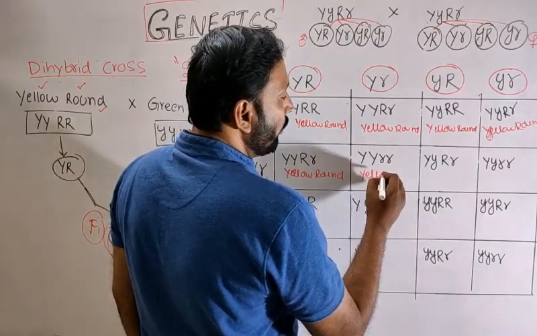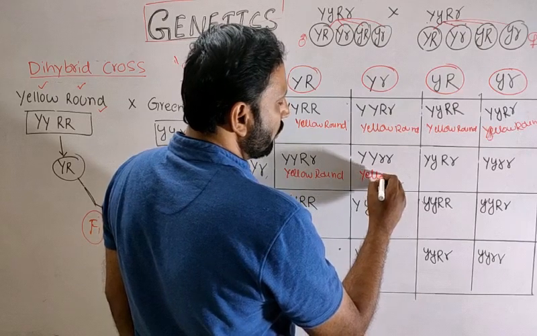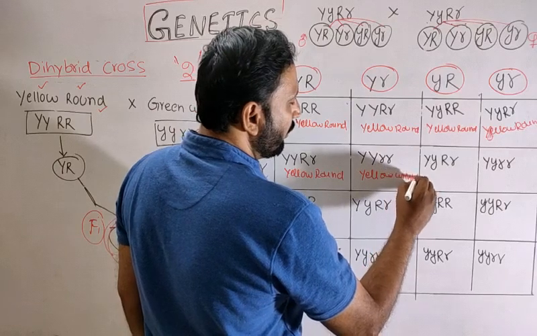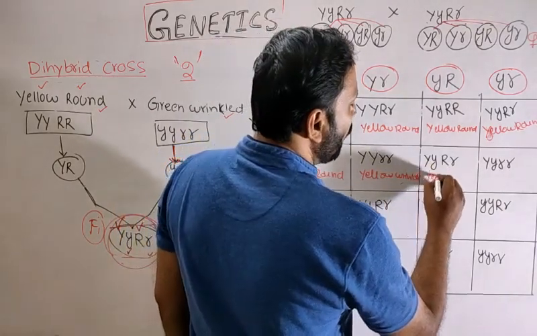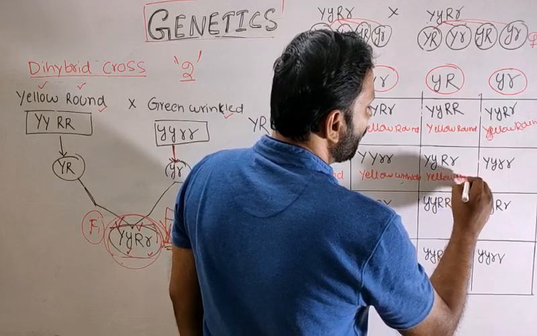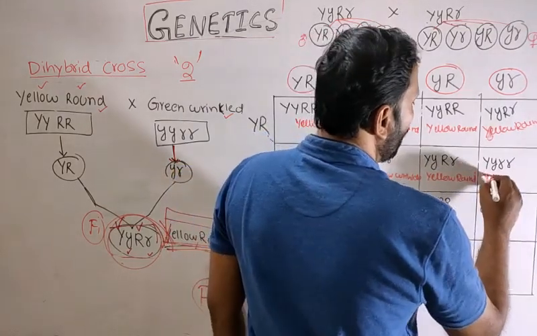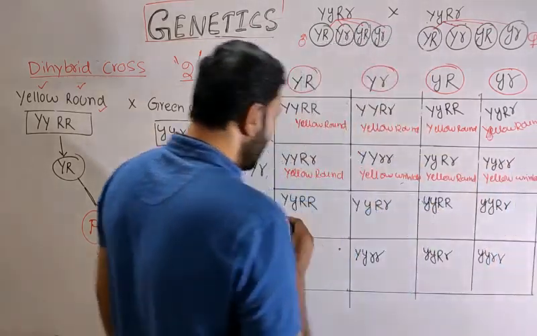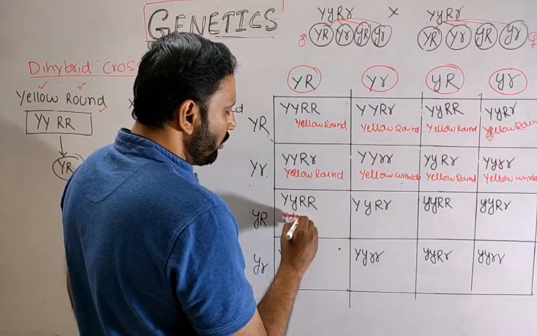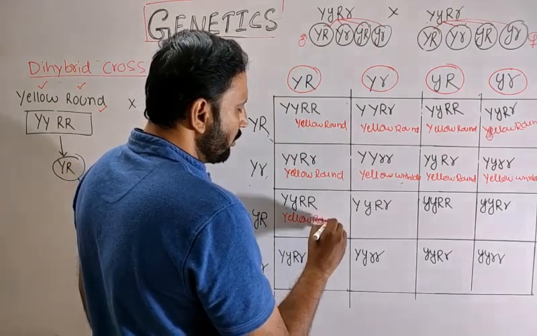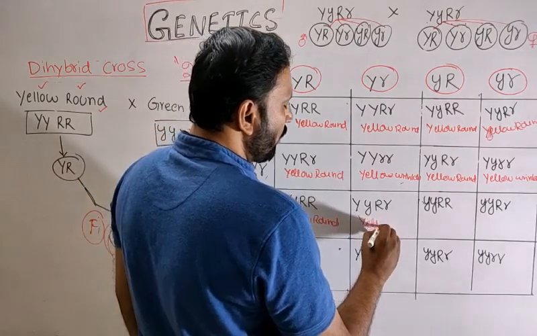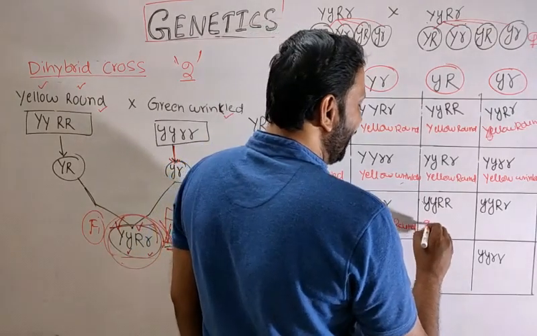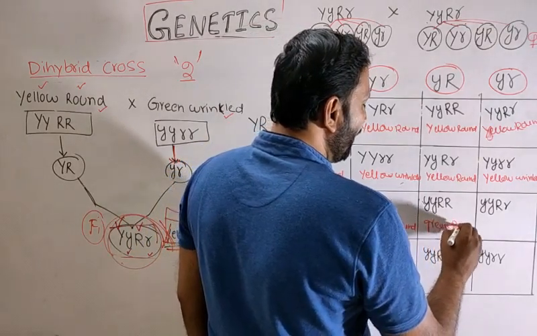Here yellow wrinkled, yellow round, yellow wrinkled, yellow round, yellow round. It is green round.